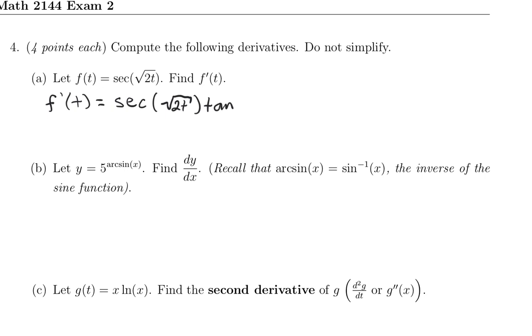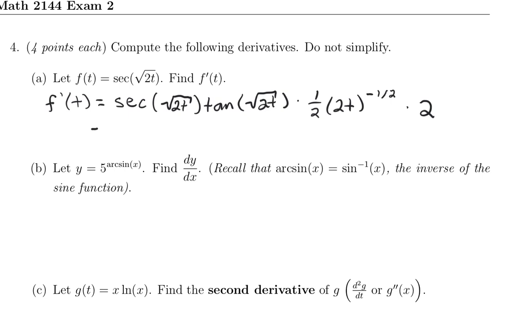Okay. And then we have to multiply that by the derivative of our function, which is going to be 1/2 times 2t to the negative 1/2. And then, since we have a function on the outside, which would be the square root of t, and we have an inner function, we're going to have to use chain rule again, which means that we'll multiply this by 2, which is the derivative of the inside of that.